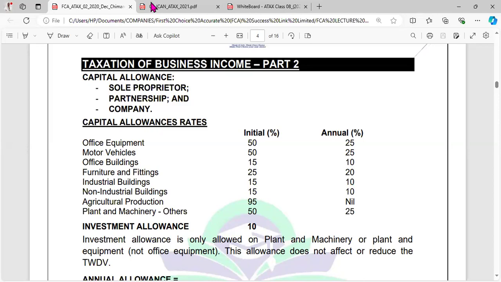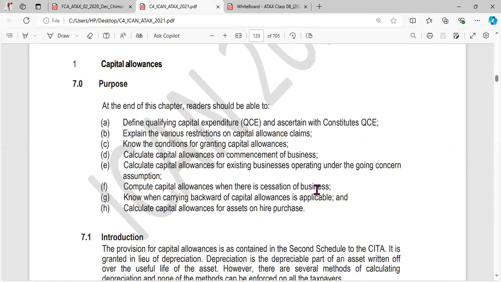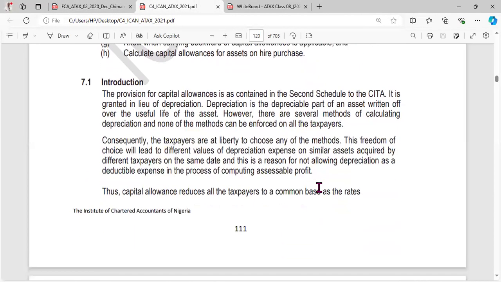All right, so capital allowances is contained in the second schedule to the Company Income Tax Act. There is a provision in that second schedule called capital allowances, and it is granted in lieu of depreciation.